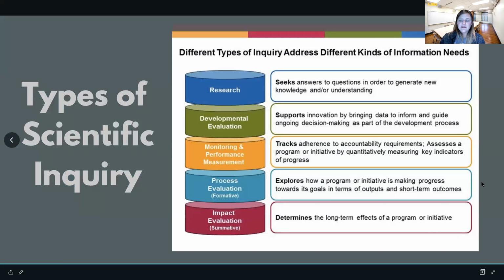All right, our last topic for this microlecture is types of scientific inquiry. And what I'm going to talk about is how there are different types of inquiry to address different questions or to help us meet different information needs. Like we talked about in the last slide, research seeks to answer questions to generate new knowledge, whereas evaluation is more practical.